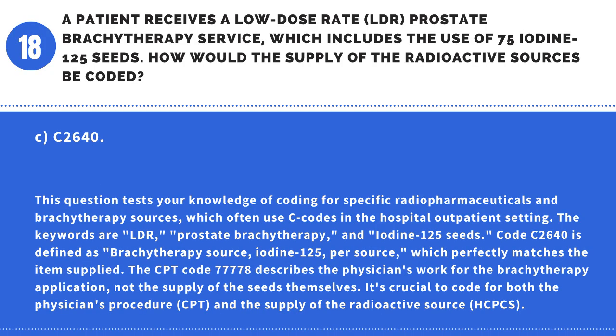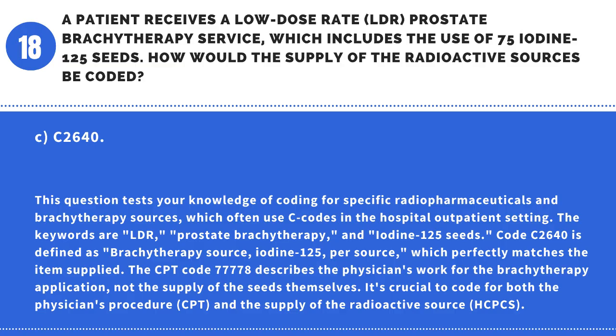Answer: C. C2640. This question tests your knowledge of coding for specific radiopharmaceuticals and brachytherapy sources, which often use C codes in the hospital outpatient setting. The keywords are LDR, prostate brachytherapy, and iodine 125 seeds.